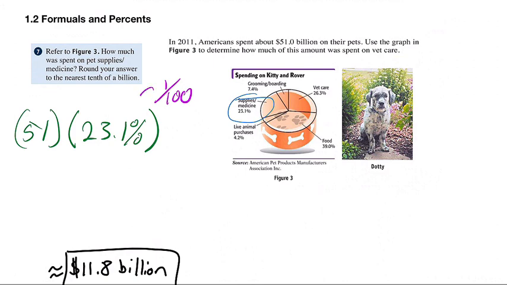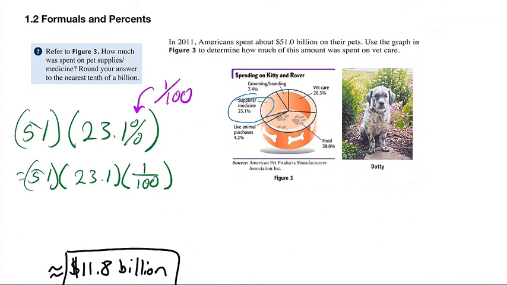So if this symbol means 1 over 100, then to put it in the correct form, we'll have 51 times 23.1 times 1 over 100. If you divide by 100, you move the decimal to the left twice.